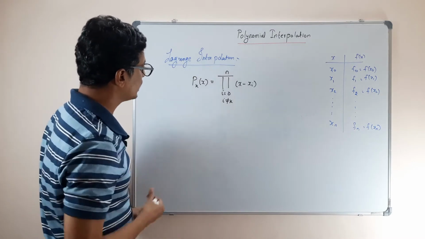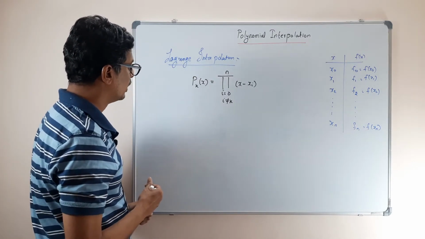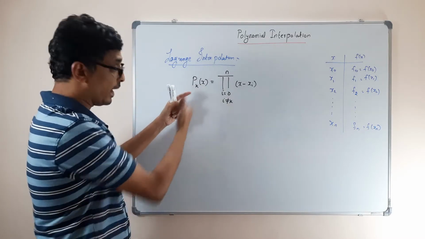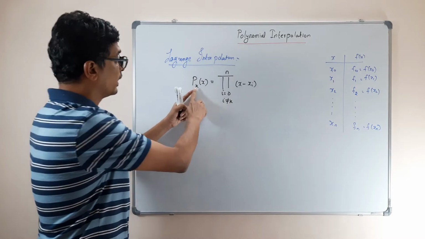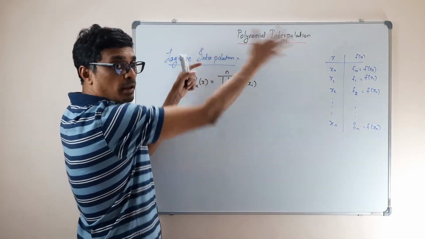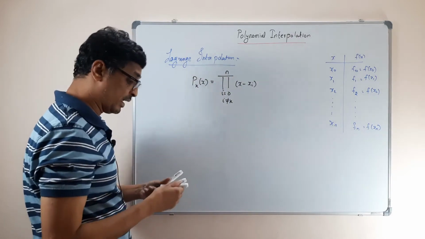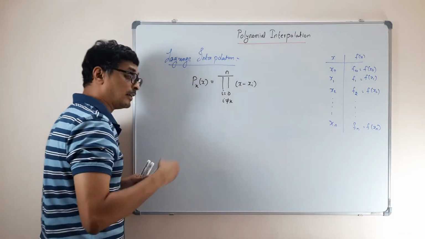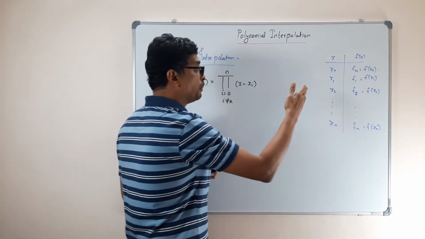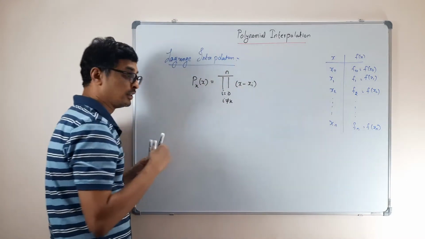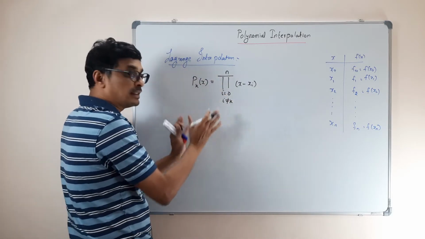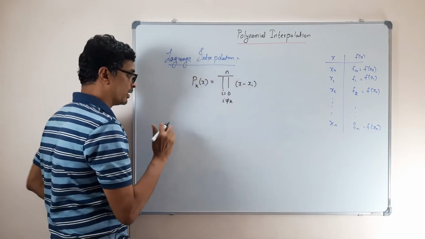Once we construct this polynomial, we can similarly construct n nth degree polynomials by taking k equal to 0, k equal to 1, k equal to 2, and so on. Then let us say the interpolating polynomial, which is going to pass through all these points, is a linear combination of all these nth degree polynomials.